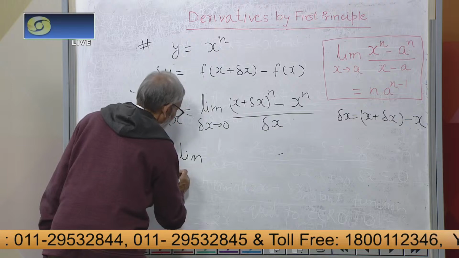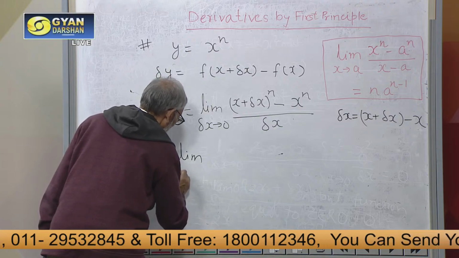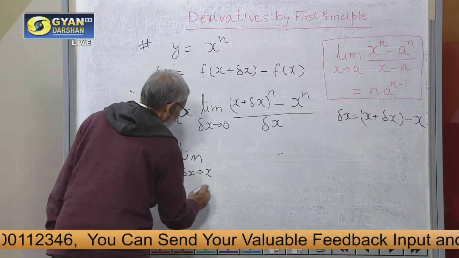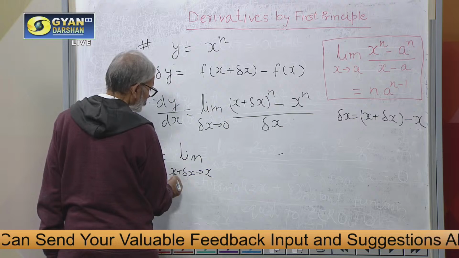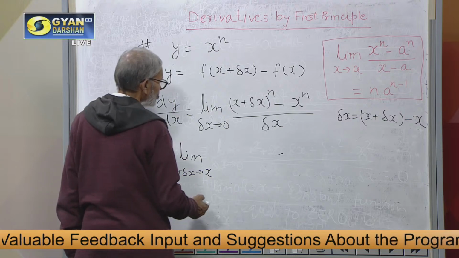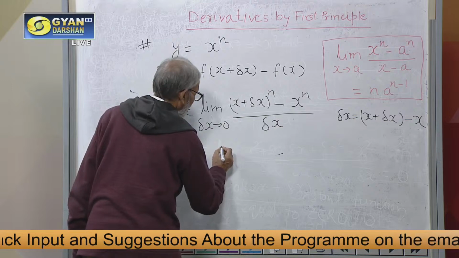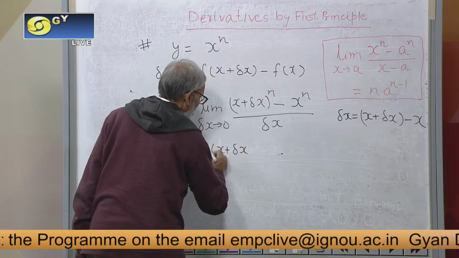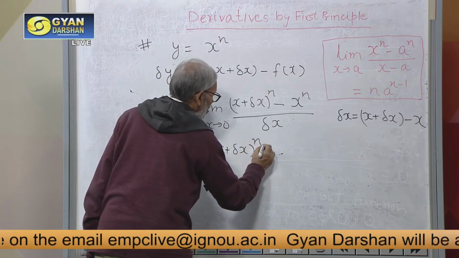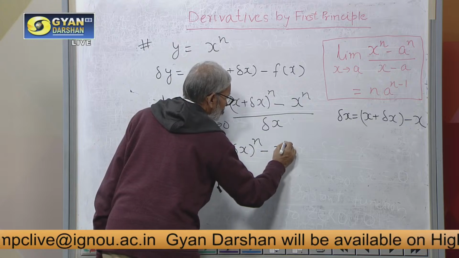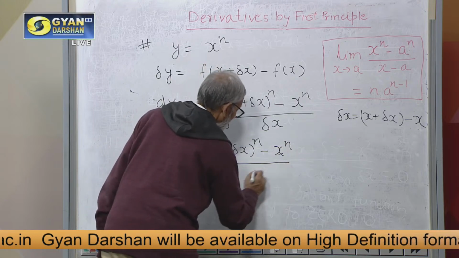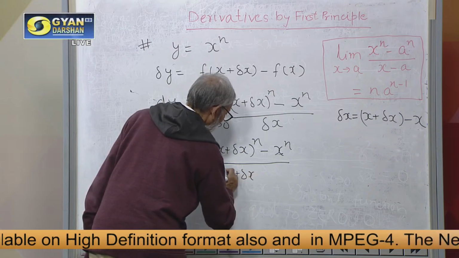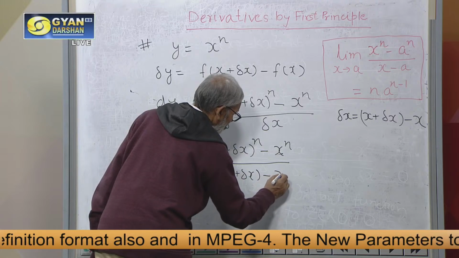Let us say x plus delta x tends to x, because when delta x tends to 0, x plus delta x will tend to x, and here it will be x plus delta x to the power n minus x to the power n, divided by x plus delta x minus x.